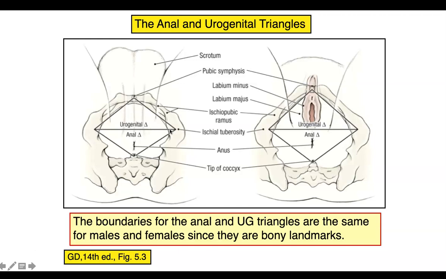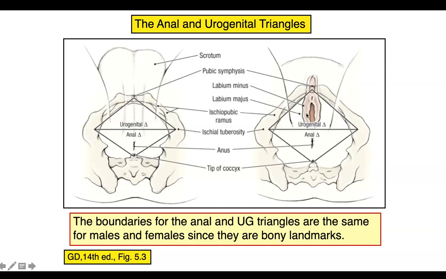If we draw an imaginary line connecting the two ischial tuberosities, anterior to this line, this triangle is called the urogenital triangle, and posterior to this line is called the anal triangle. Urogenital triangle and anal triangle.